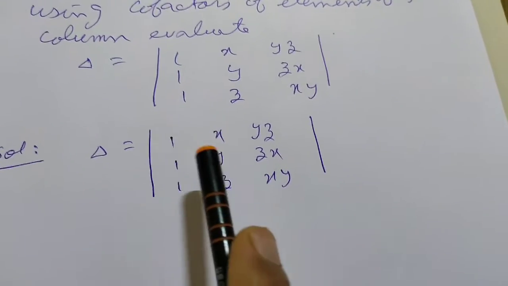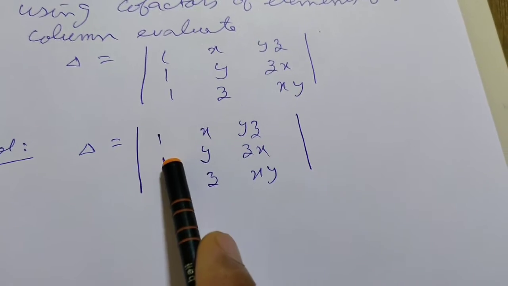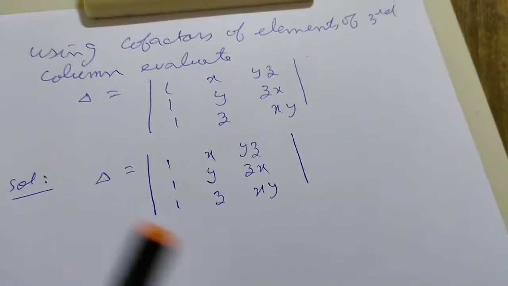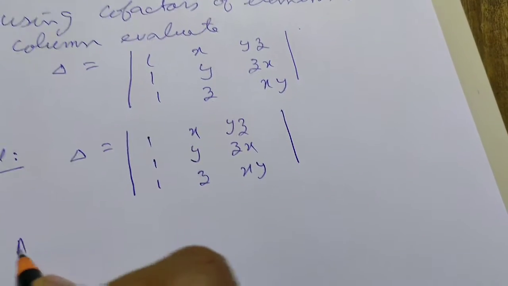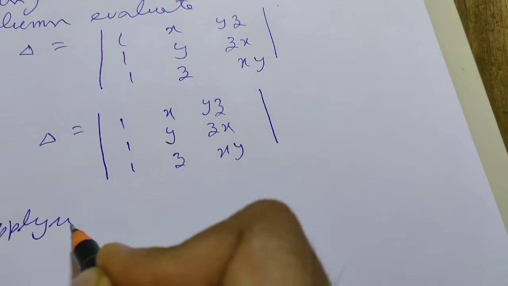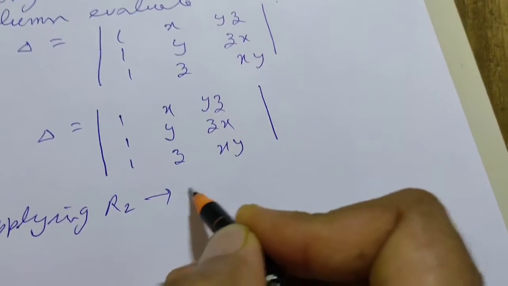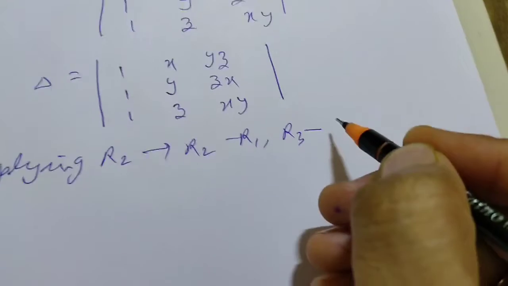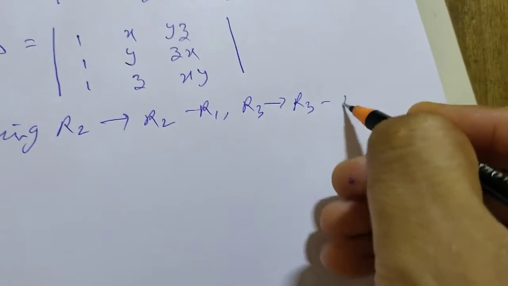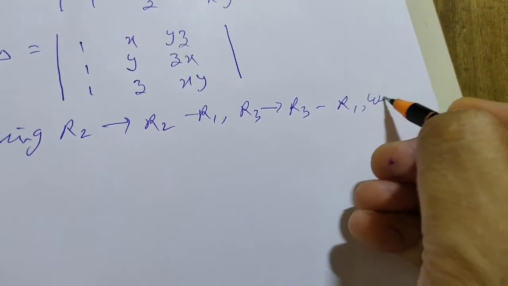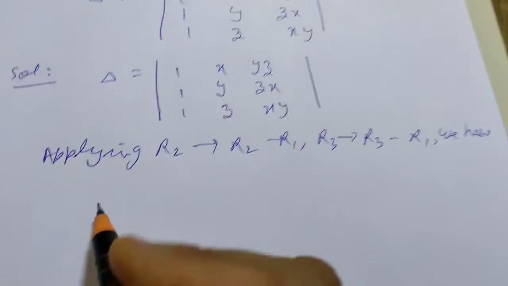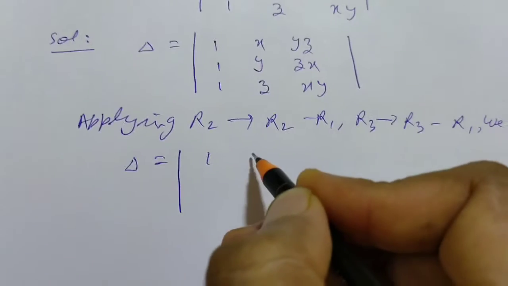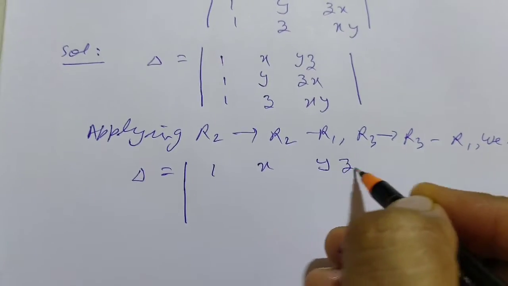So you can see on your own that if you subtract R1 from R2, this will become 0, and if you subtract R1 from R3, we will get 0. So let us apply this. Applying R2 becomes R2 minus R1 and R3 becomes R3 minus R1. So here we have delta equal to, row 1 as it is, 1, x and yz.